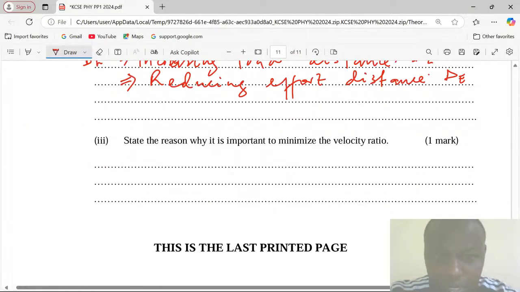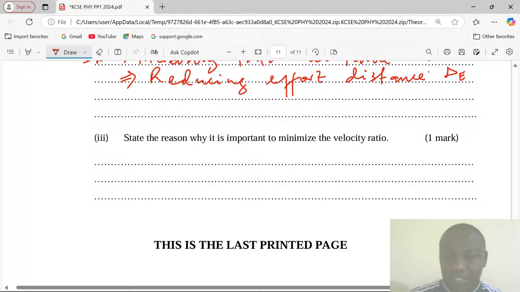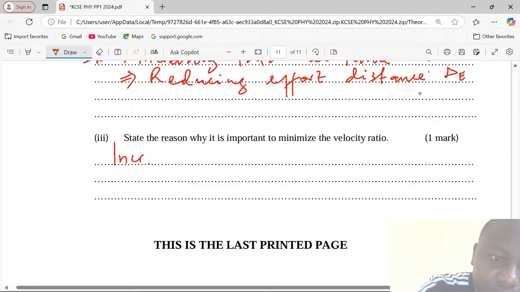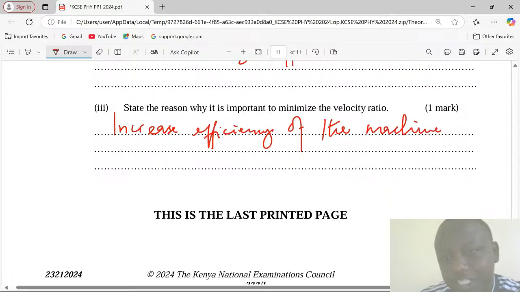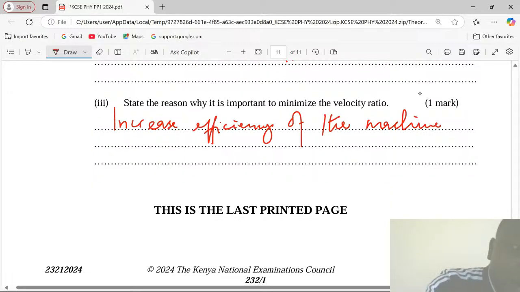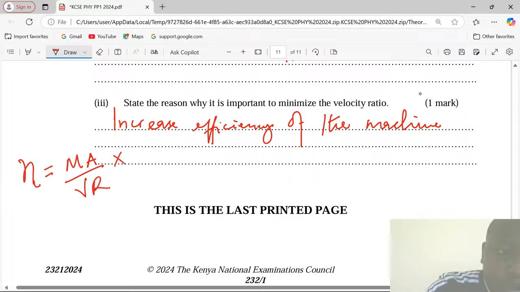State the reason why it is important to minimize velocity ratio. To minimize velocity ratio is so that we may increase the efficiency of the machine. Remember that efficiency is given by mechanical advantage out of VR multiplied by 100, and we make it a percentage.